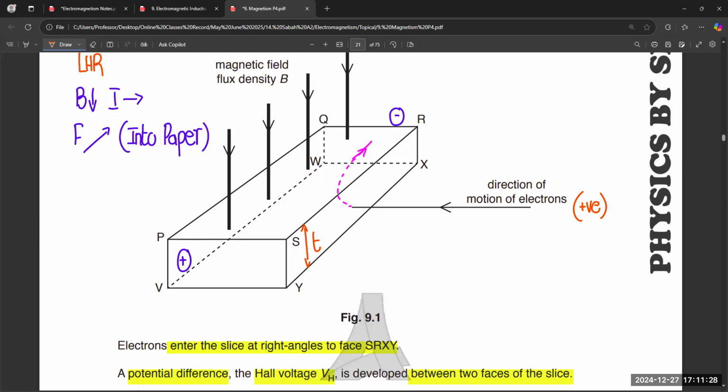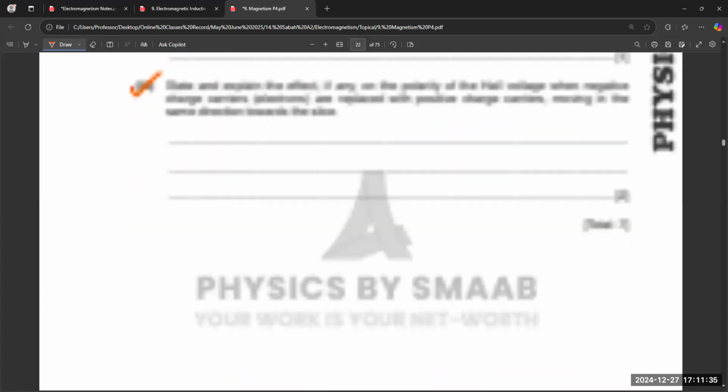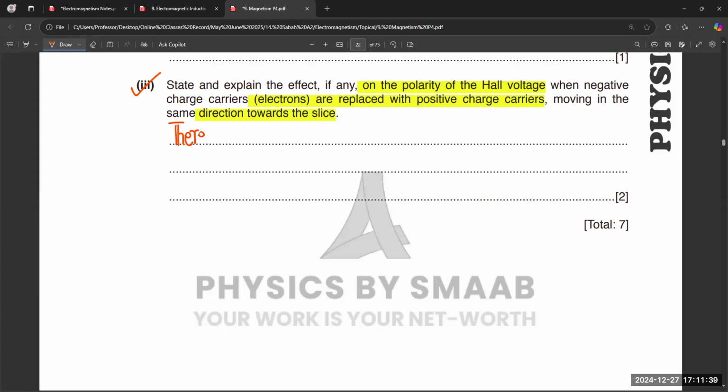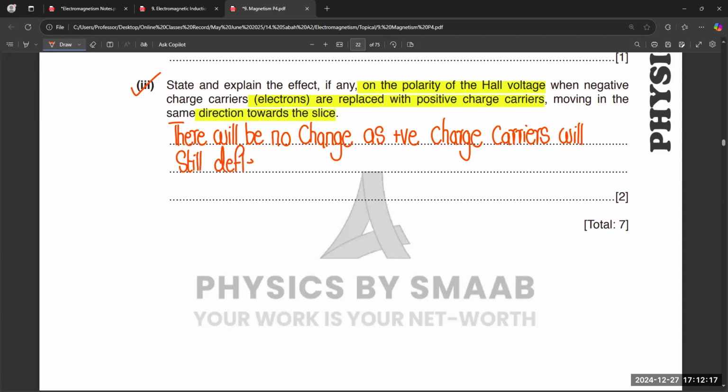The direction of the magnetic field still remains the same and we get the same value of T. So there will be no change, only a directional switch, as positive charge carriers will still deflect to the face PSVY, right?